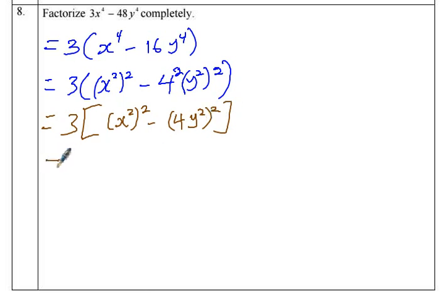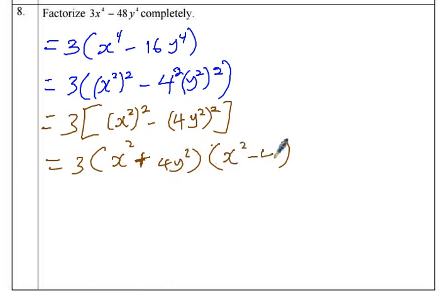And now that I have a minus sign here, I want to factorize this as a difference of 2 squares, whereby I have 2 different signs. Okay, the first term is x squared, the last term is 4y squared. All right, okay, this is squared here.